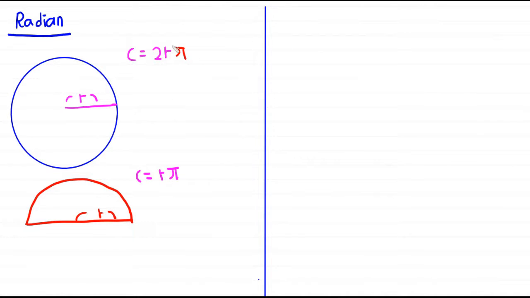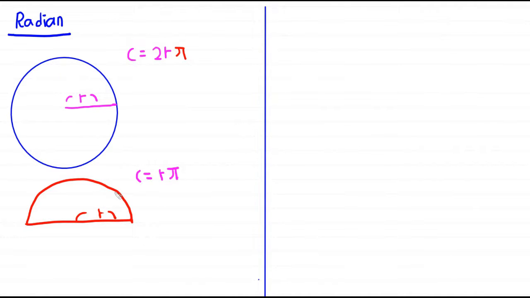The reason pi doesn't change even though it's half is because of the ratio. We divided the circumference and radius by 2, but it still ends up with pi.